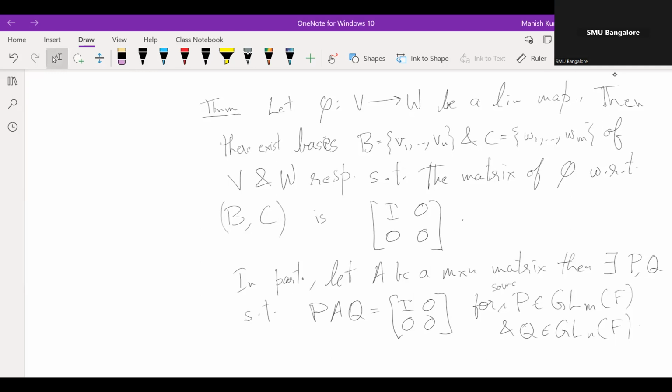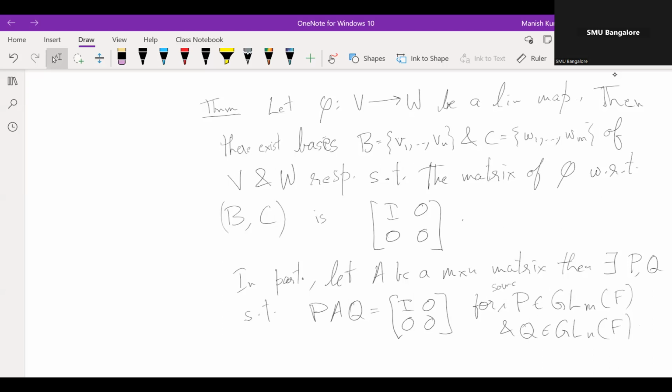What you do is some row and column operations. If you do a row operation on the matrix A, then you are pre-multiplying by a non-singular elementary matrix. If you do a column operation, then you are post-multiplying by some matrix. So you are multiplying by a sequence of non-singular matrices on the left and a sequence of non-singular matrices on the right.